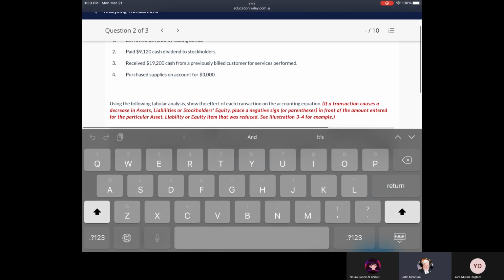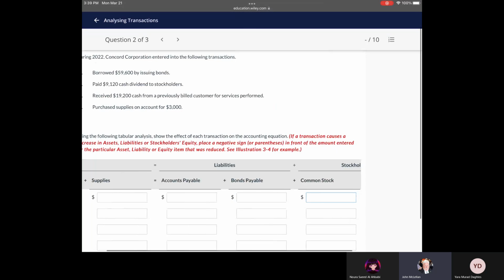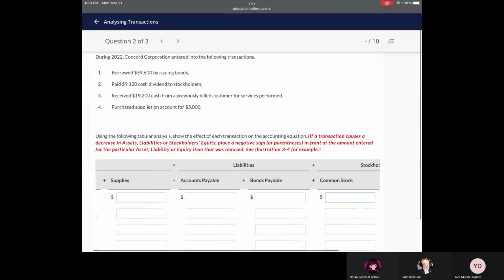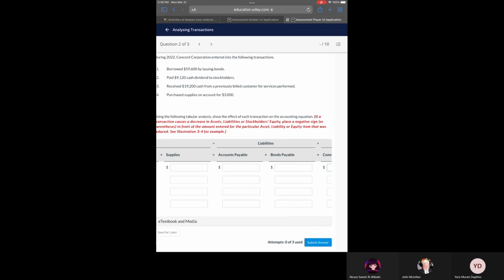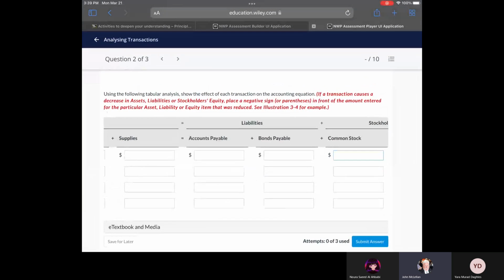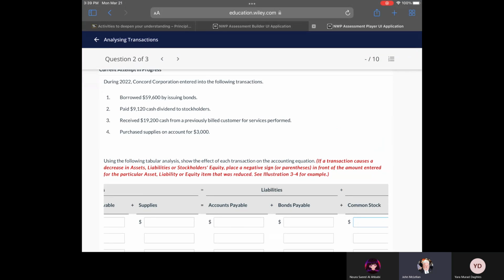So what effect, show me the effect this transaction has had on the balance sheet equation. The iPads are difficult. Okay, good. Right? Which two accounts? Cash and bonds payable, yeah.